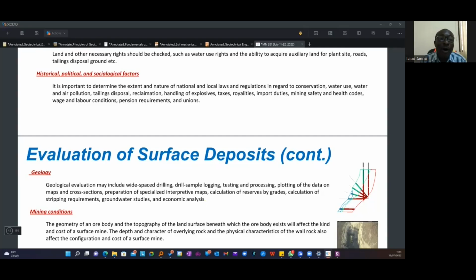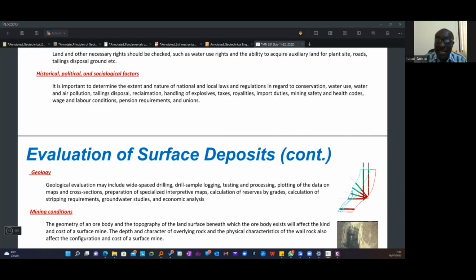For the mineral rights, when you want to mine, we have surface rights and we have the mineral rights. The mineral right is given a go-ahead from Minerals Commission, but the surface right is the landowner's. When Minerals Commission gives you a mineral right, and without you having a surface right, you can't mine.